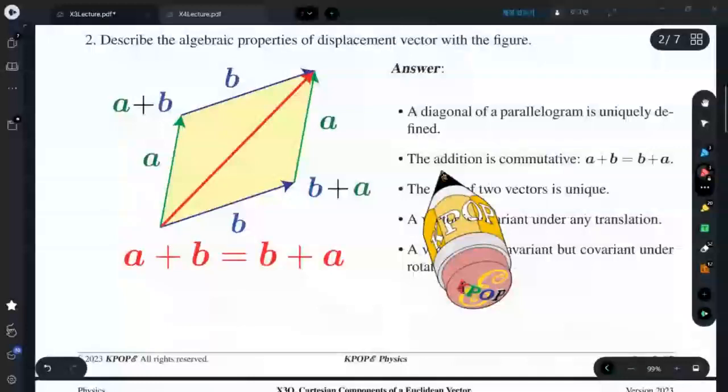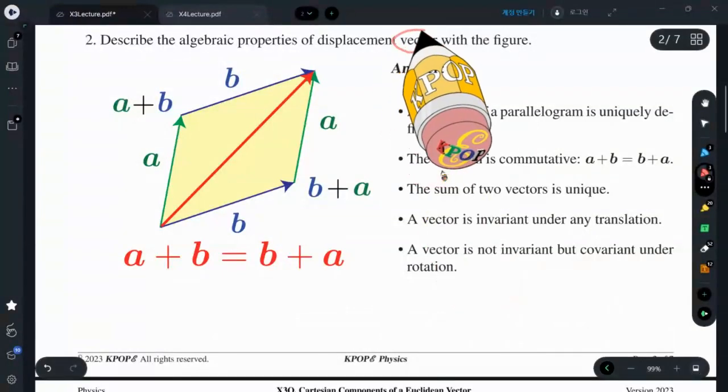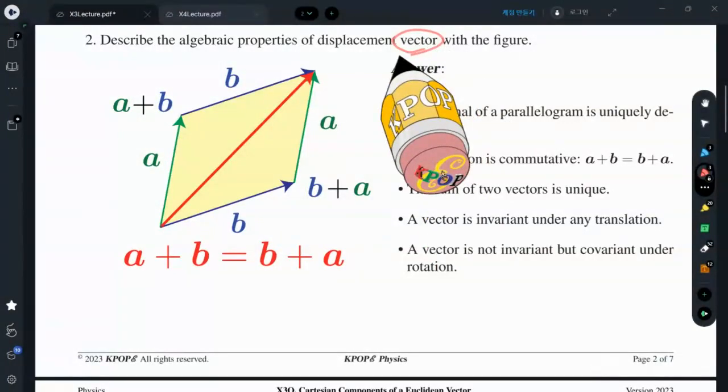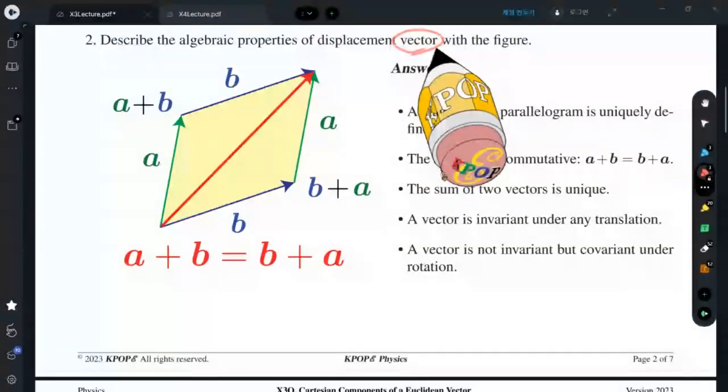Describe the algebraic properties of displacement vector in the figure. A vector is the simplest elementary and fundamental vector we must learn before we study the generic property of a vector. We need to study displacement.